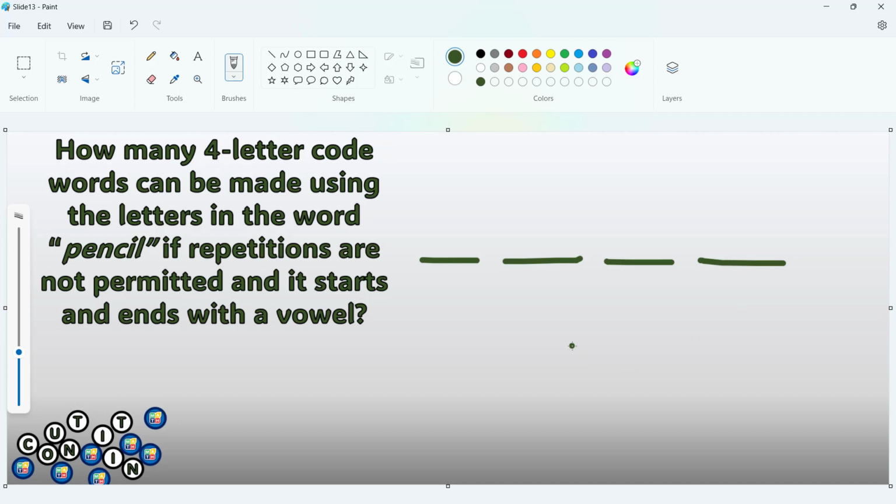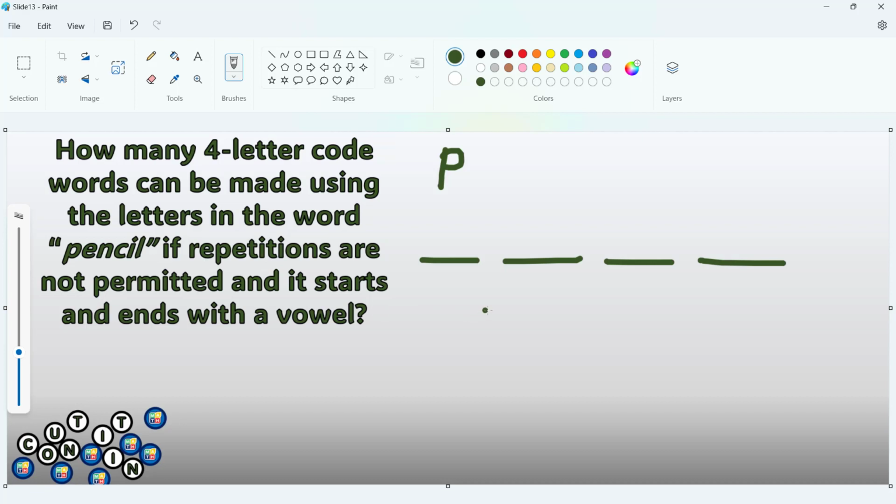Now, repetitions are not permitted, hence once we have used a certain letter here, let's say P, it can no longer be used for the next few placements. But we also have another restriction: it should start and end with a vowel.